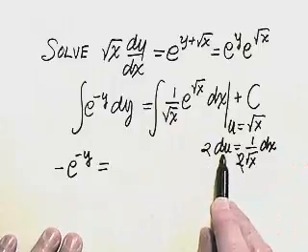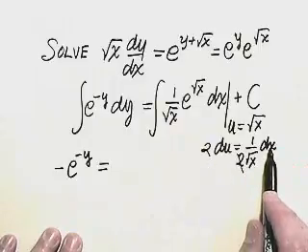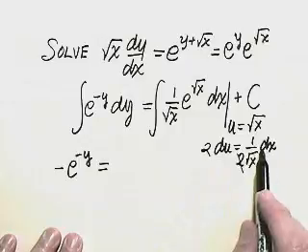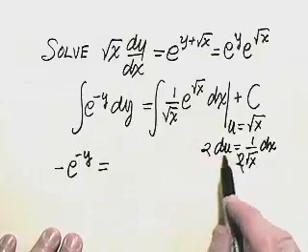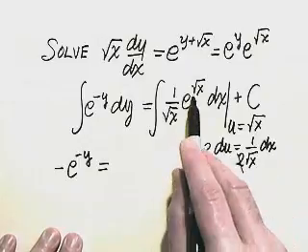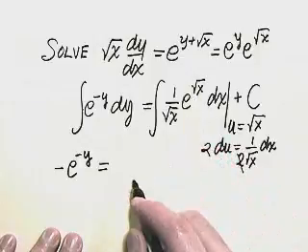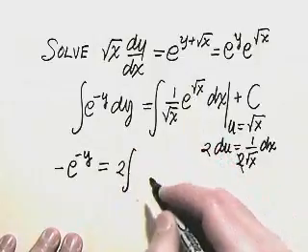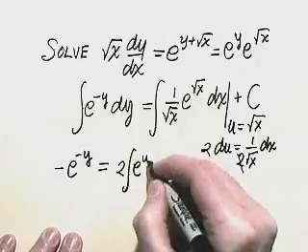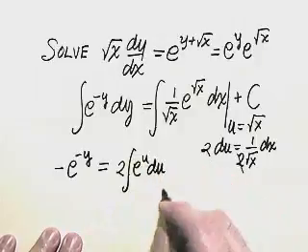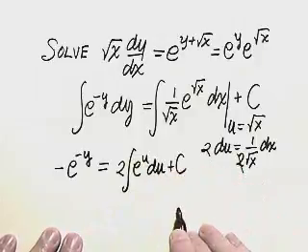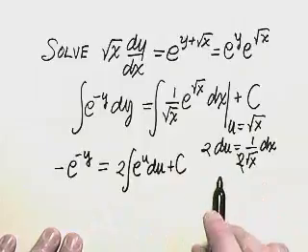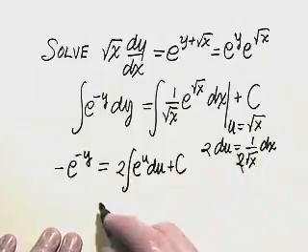We can see 2 du is 1 over root x dx. And so when we replace 1 over root x dx by 2 du and the root x up here by a u, we get twice the integral e to the u du plus our constant of integration. Of course, we have to remember that our u is square root x.